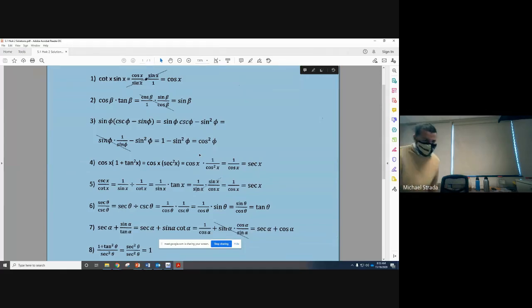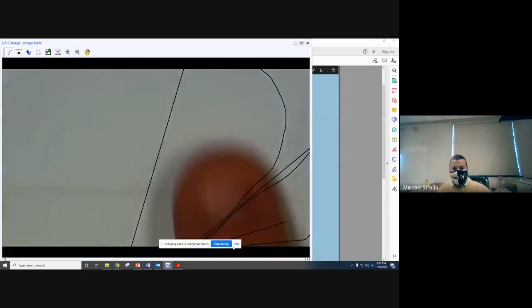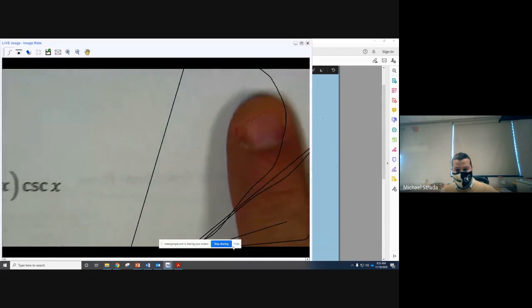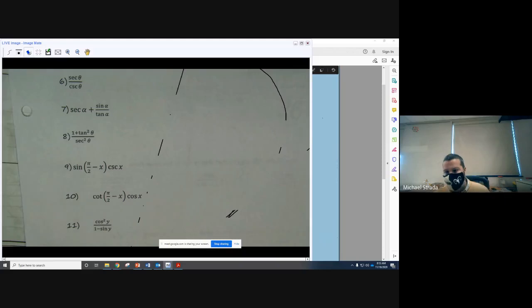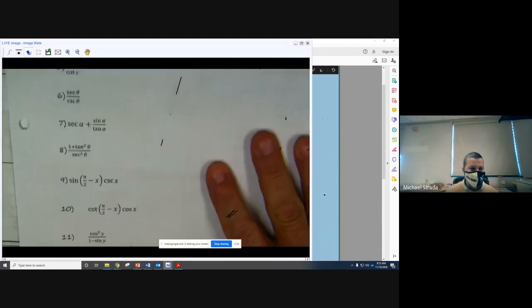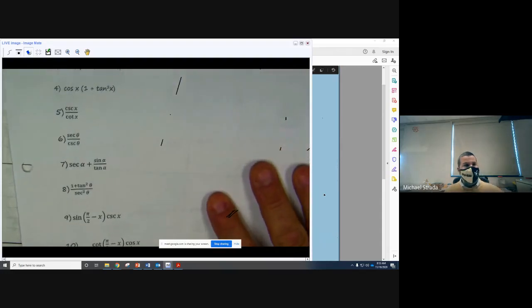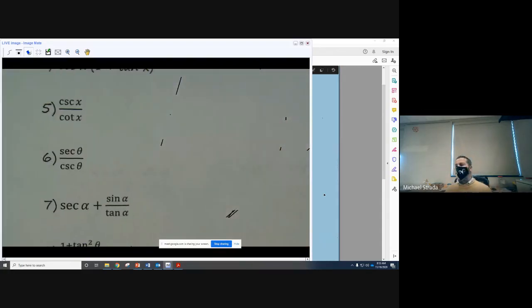Here's what you're doing when you do these. So let's go over number 5 first. So cosecant x, cotangent x. Here's what you're looking for.